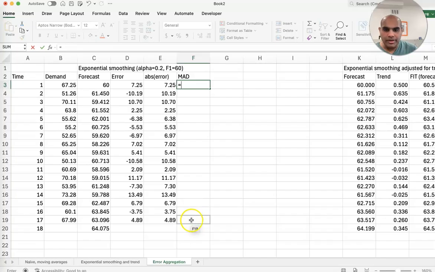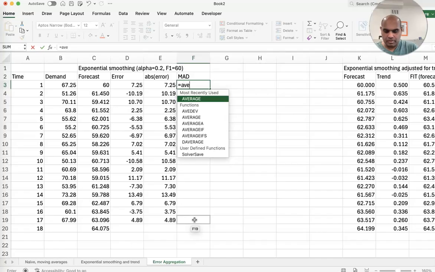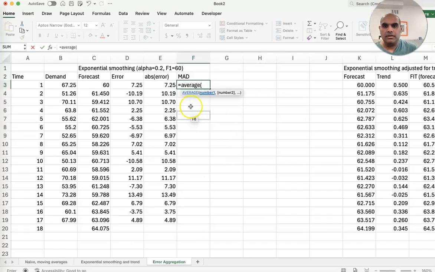Once you get to the very end, the last number that you see will be your mean absolute deviation right now. To do that, we use the average formula, starting from this number here. We'll always start from the same number, so I'm going to make this an absolute reference.